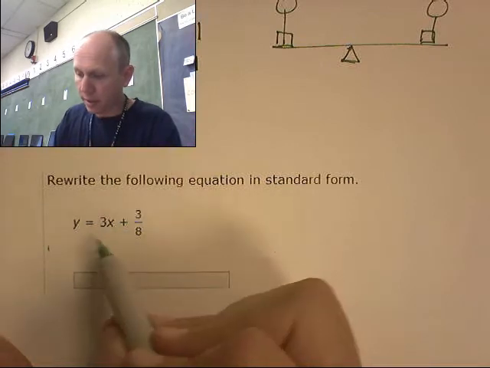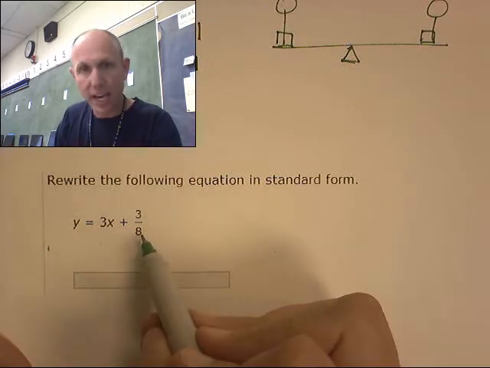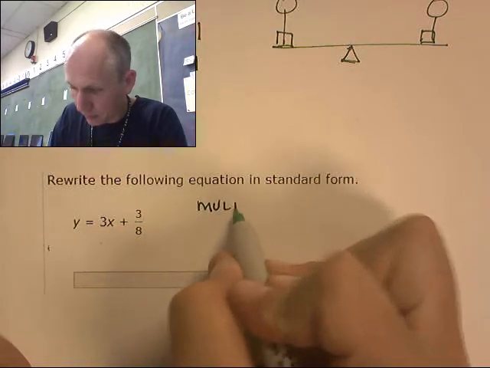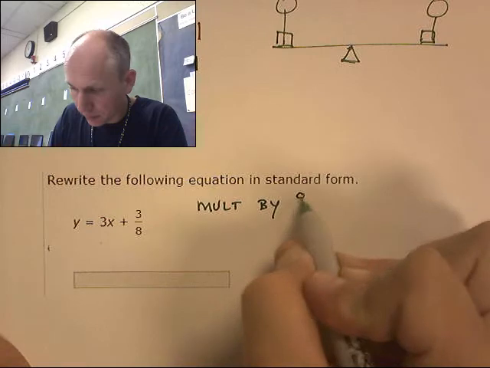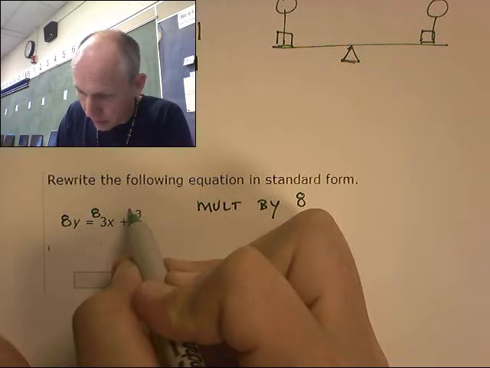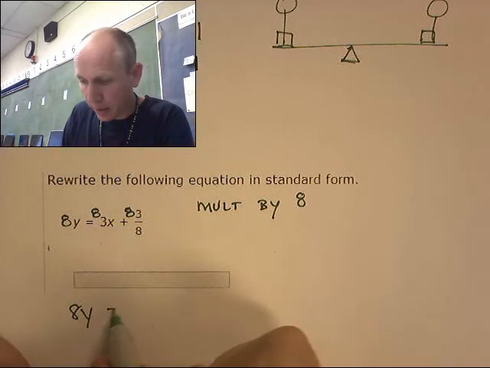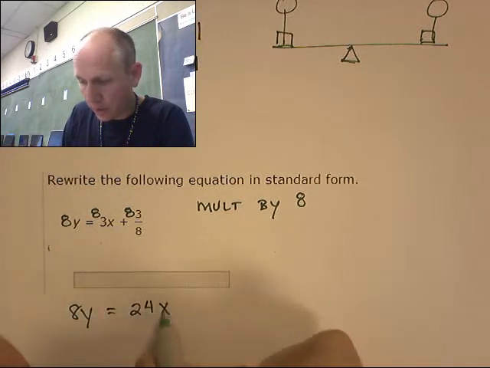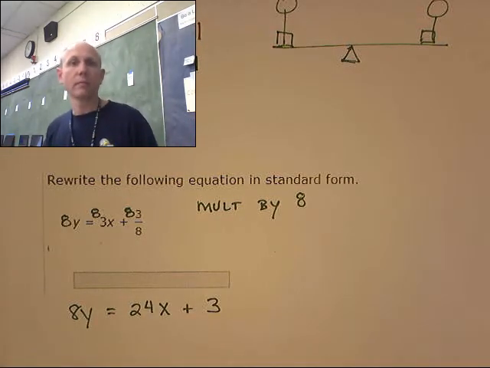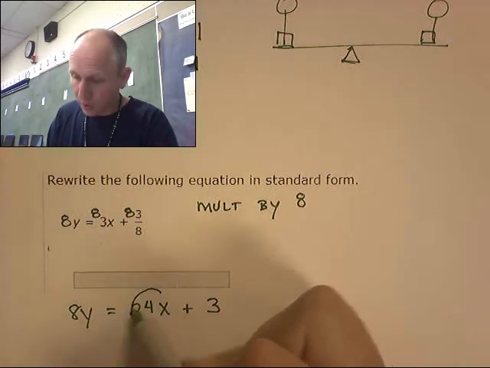Okay. Let's look at this guy. What's the denominator I should be using? See that 8? Let's multiply by 8. So 8, 8, 8. It's going to give me 8y equals 24x plus 3. Who's in the wrong spot? Well, the x is in the wrong spot.